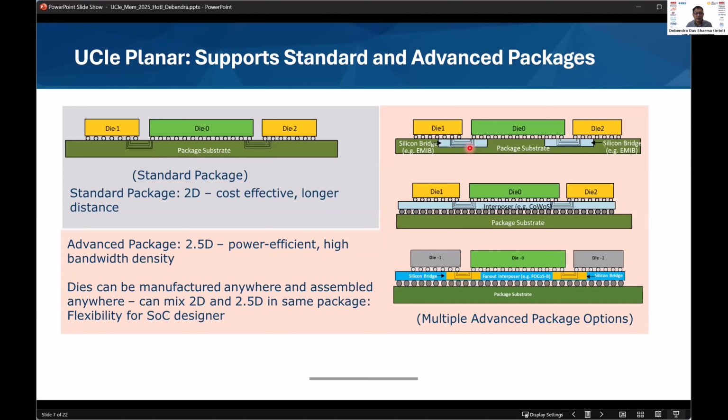As you can see here, this is from Intel, this is from TSMC, this is from ASE. There are many more examples of this. Delivers very high bandwidth density. So the basic premise here is that dies can be manufactured anywhere and assembled anywhere by any OSAT, just like you do things on a board. It's a mix and match thing, and an open chiplet based ecosystem.